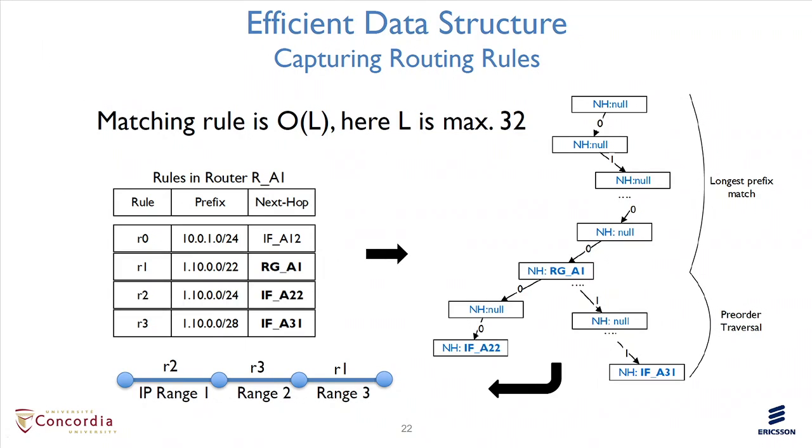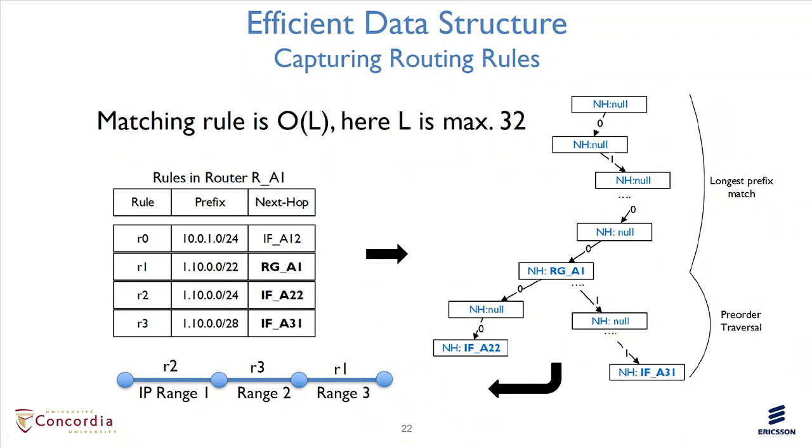Once we have populated this radix trie, then when we want to match a destination IP prefix, at first we run longest prefix match. And once we get the matching rule, we want to go further because there might be multiple routing rules which might match with this prefix.